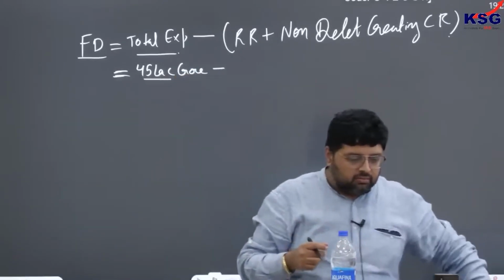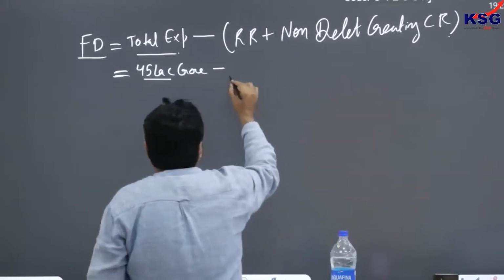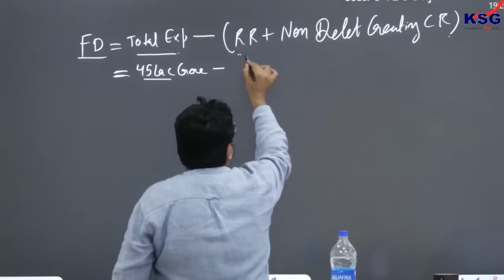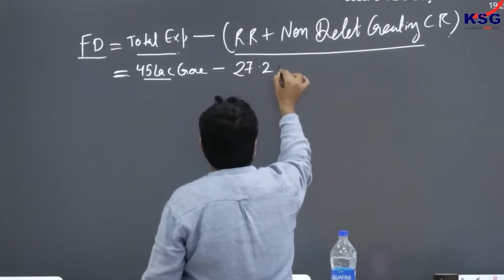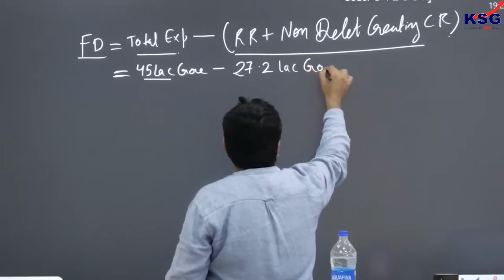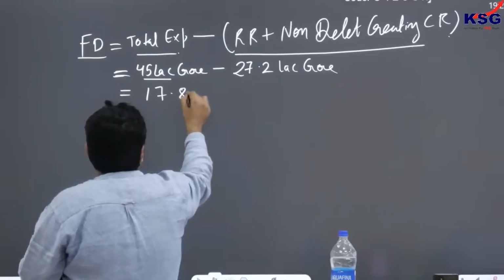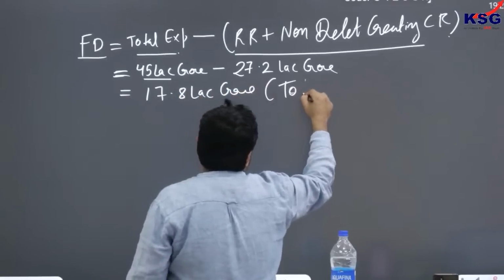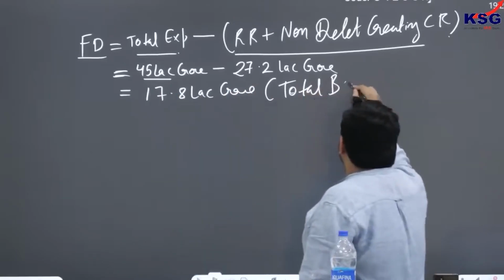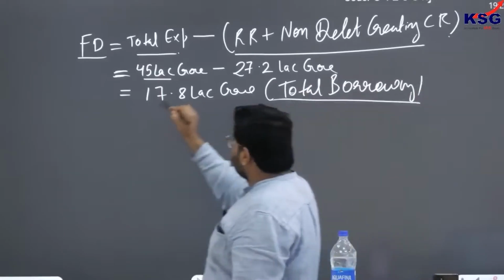So 45 lakh crore minus this is the value that I have given you, 27.2 lakh crore. So it comes out to be 17.8 lakh crore. So can I say that this is the total borrowing that I have to take?